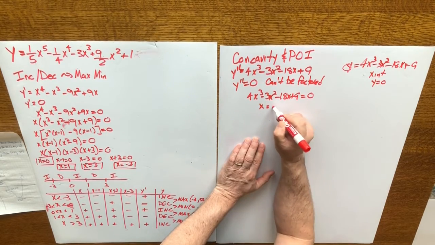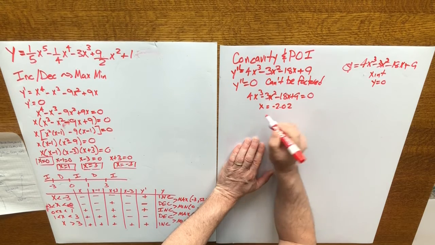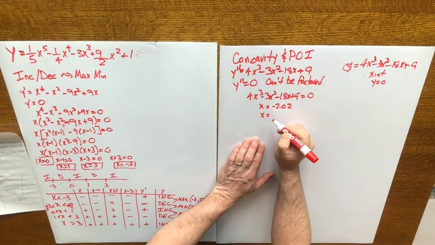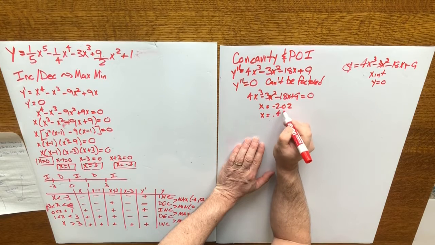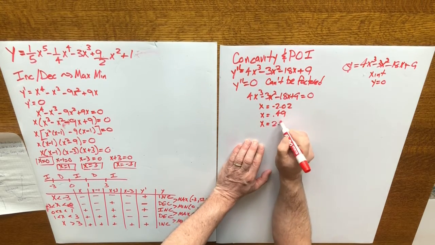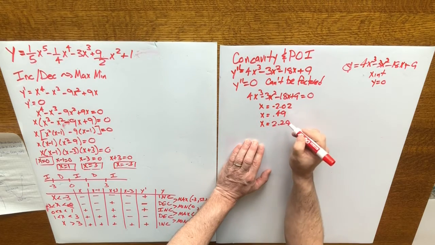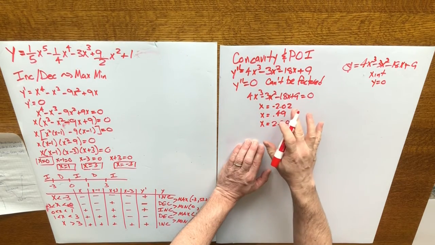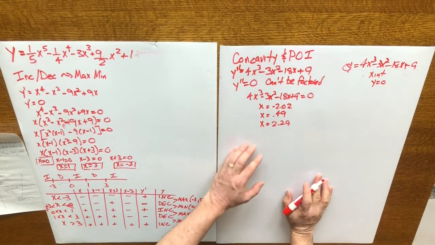X equals negative 2.02. X equals 0.49, x equals 2.29. So these represent really the factors of this. Not nice numbers, had to find them on Desmos.